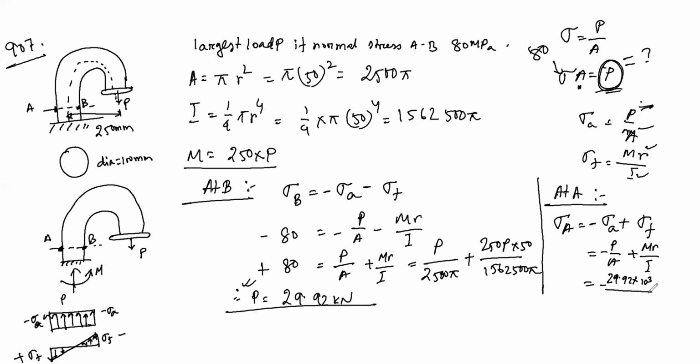নিউটনে নিতে হবে, ডিভাইডেড বাই এ ওই আগের মতো 2500 পাই প্লাস এম কত? 250p ছিল, সো 250 ইন্টু p মানে হচ্ছে 29.92 ইন্টু 10 to the power 3 ইন্টু r হচ্ছে আমার 50 মিলিমিটার ডিভাইডেড বাই 1562500 পাই। এখান থেকে যখন আমি সিগমা এ বের করব, then I see this is 72.38 megapascal, which is lesser than 80 megapascal.